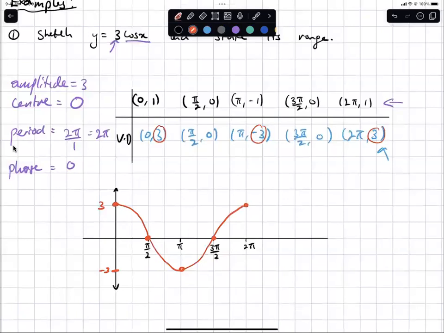Keeping in mind, what's actually happened is that we've essentially blown up our cos graph in the vertical direction like a balloon. You'll notice I haven't really changed the scale on my graph. It's much easier for you to get a basic foundation to draw the trig graph.